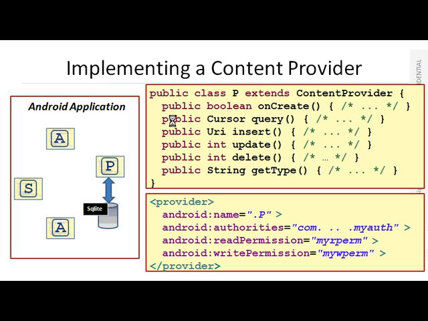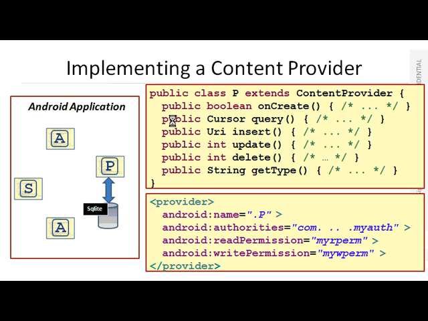They must specify the provider tag inside their Android manifest.xml file with the permissions, with the name of the content provider class, and with the authorities, which will give you the path. And the permissions they mention must be specified in the Android manifest.xml file of the other applications.